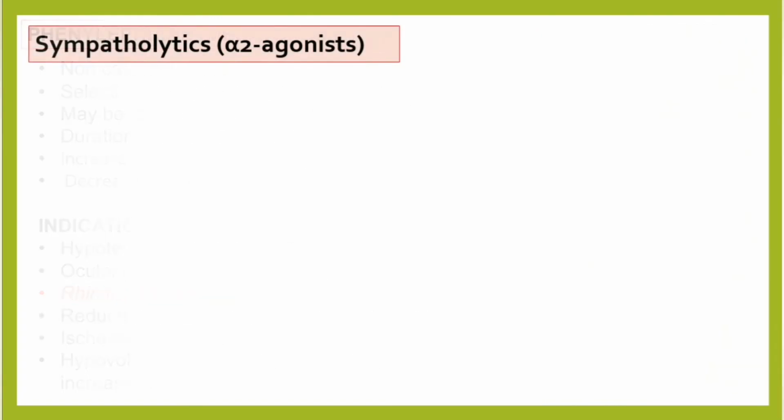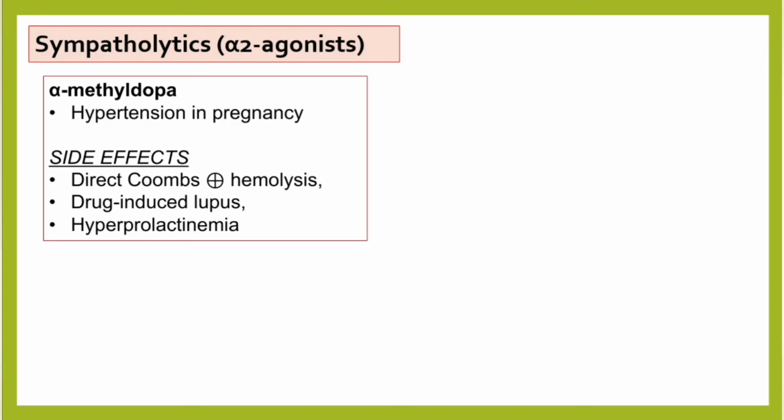The next group are sympatholytics, particularly the alpha-2 agonists. First one is alpha-methyldopa. This one is used in hypertension during pregnancy, and its side effects include direct Coombs-positive hemolysis, drug-induced lupus, and hyperprolactinemia.